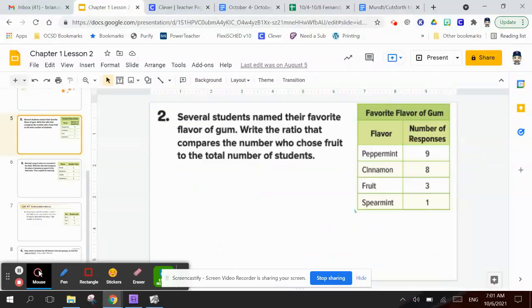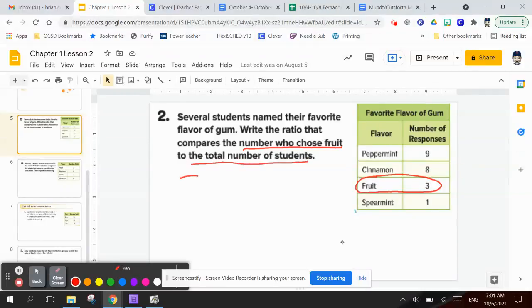If I look at example 2, it says several students name their favorite flavor of gum. Write the ratio that compares the number who chose fruit to the total number of students. Well, the number that chose fruit, here's fruit, that would be 3. So 3 students chose fruit.